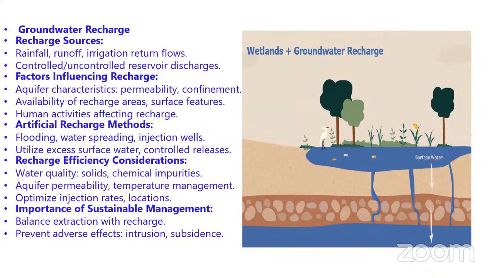These are the artificial recharge methods. And recharge efficiency considerations are water quality, solids, chemical impurities, aquifer permeability, temperature management, optimized injection rates, and location. These are the other recharge factors for groundwater recharge.